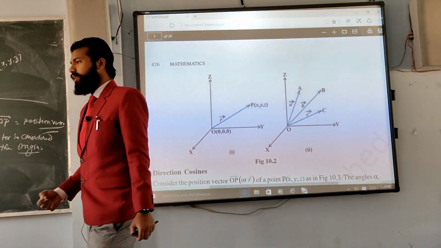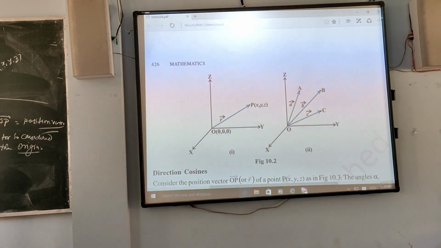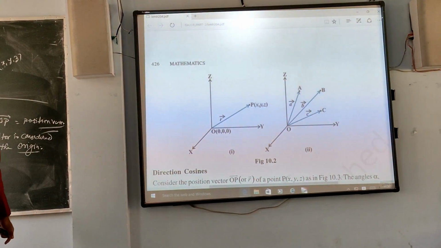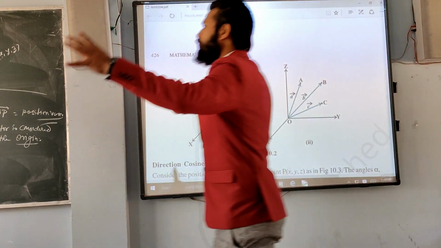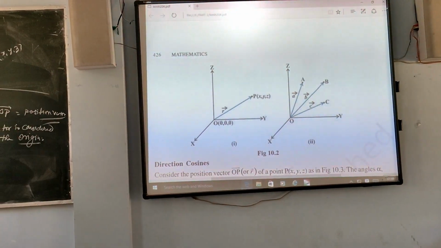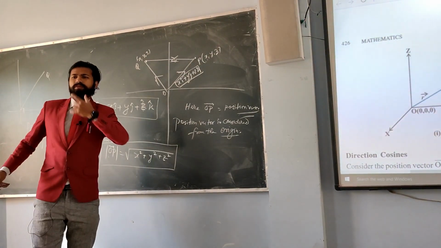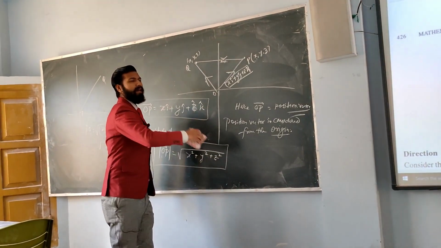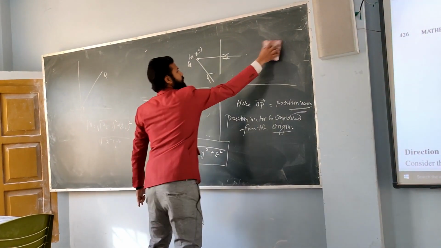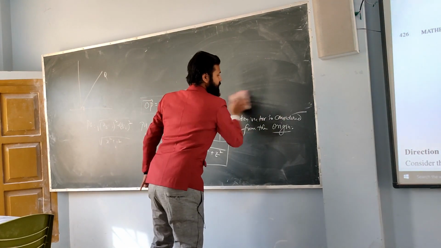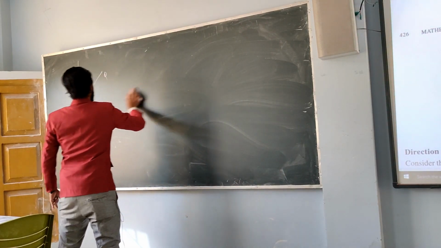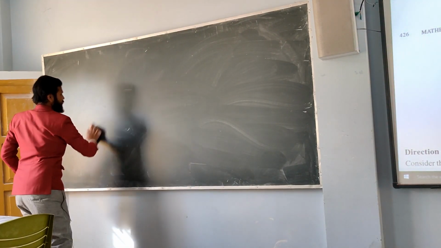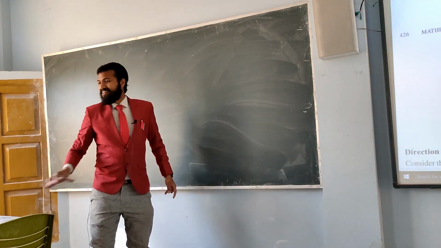I want to make you feel one more thing. Stop. Feel the 3D, just a little bit. Suppose this board is a 2D plane. Now I want to show something important, so listen.